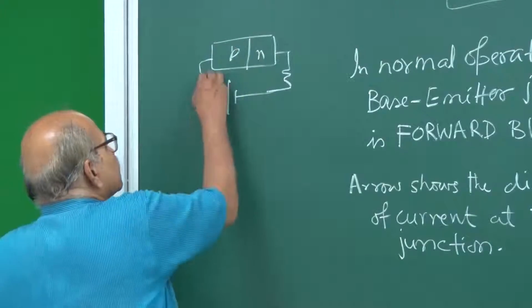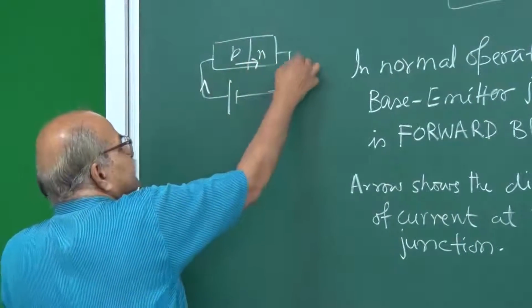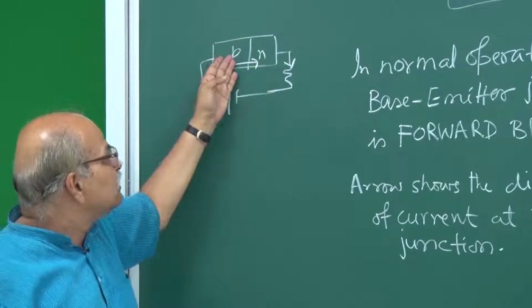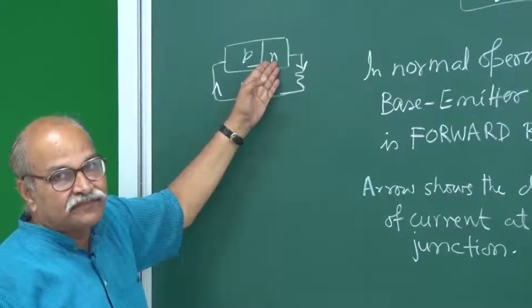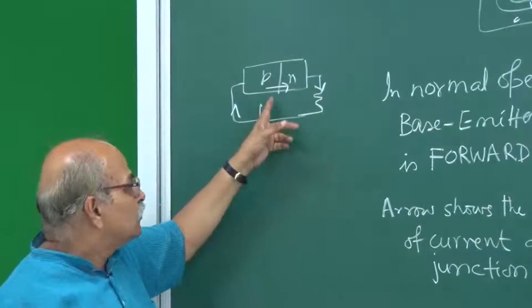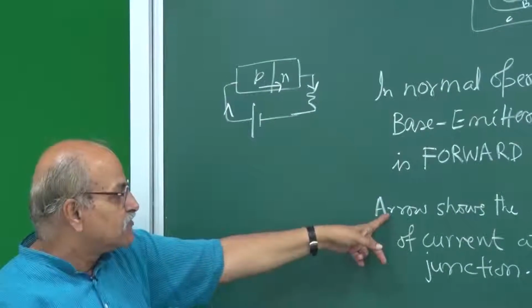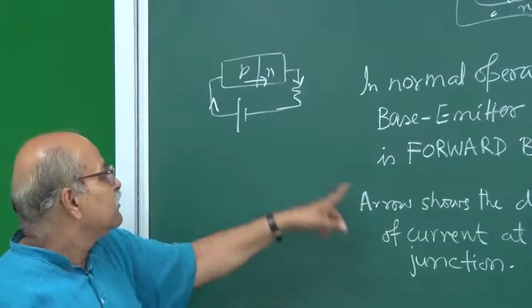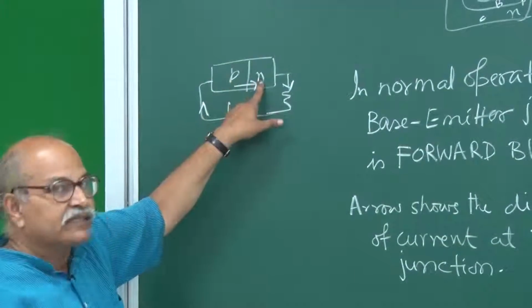The current flows like this. Inside this junction, the current goes from P side to N side in forward biasing. Reverse biasing is opposite. So this arrow on the symbol of the transistor shows the direction of current at this junction. That means it should be from P side to N side.